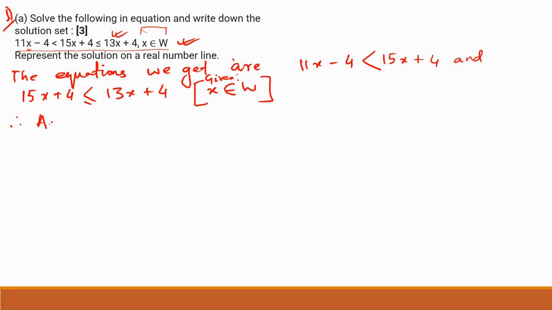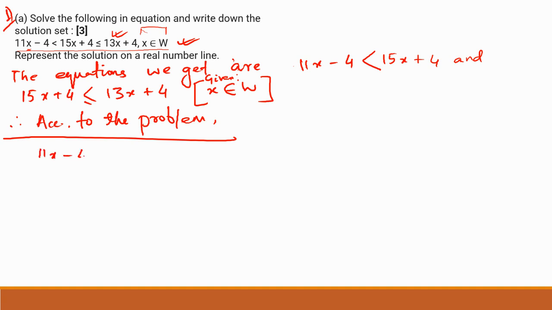Therefore, according to the problem, you have to write this in the boards also. It's not like I just do the solution and you will get all the marks. They might deduct a couple of marks, 1 mark at least, if you don't write anything and directly go to the solution like this. Now we are actually going to the solution.